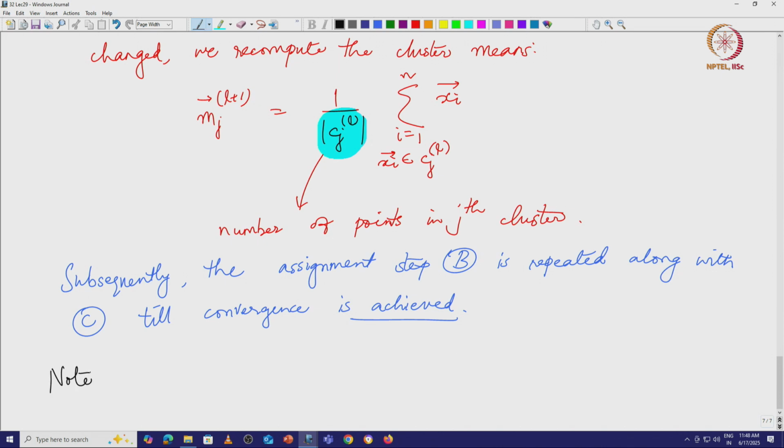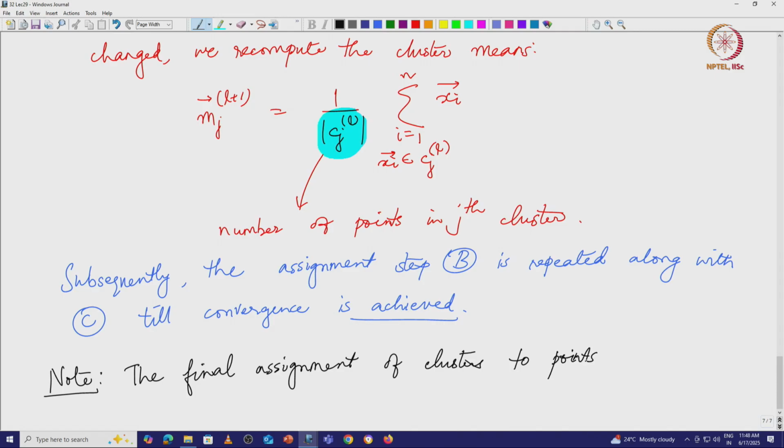So, this is an important note that the final assignment of clusters to points, or points to clusters, whichever way you want to look at it, depends on the initialization procedure and random state chosen.